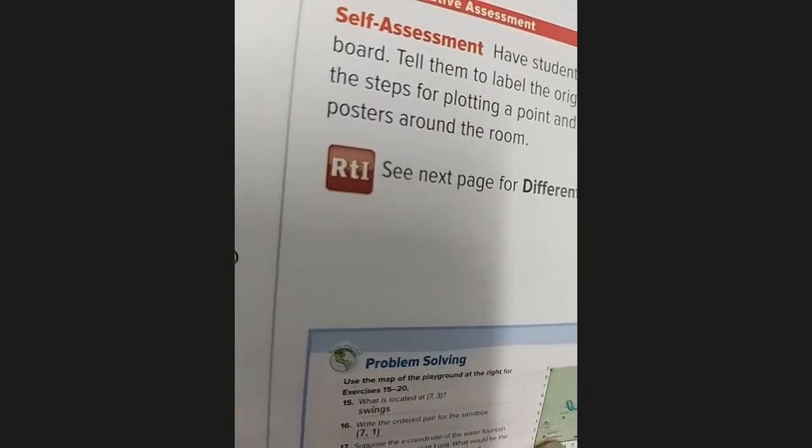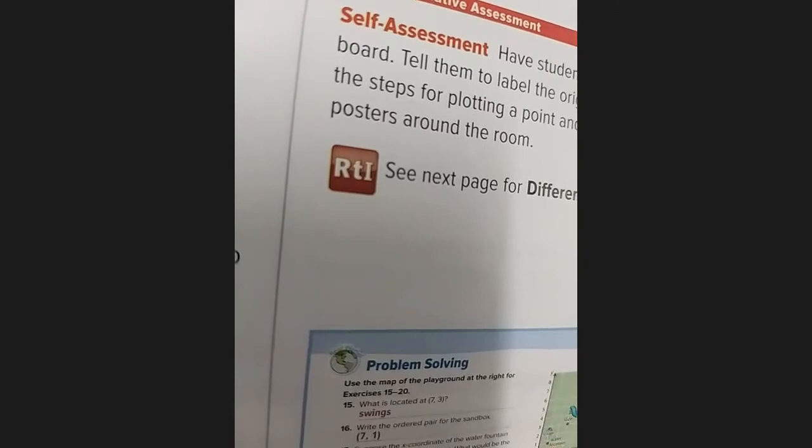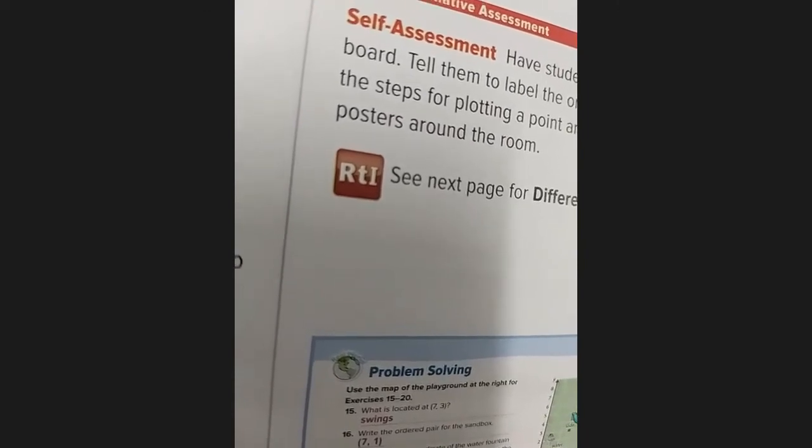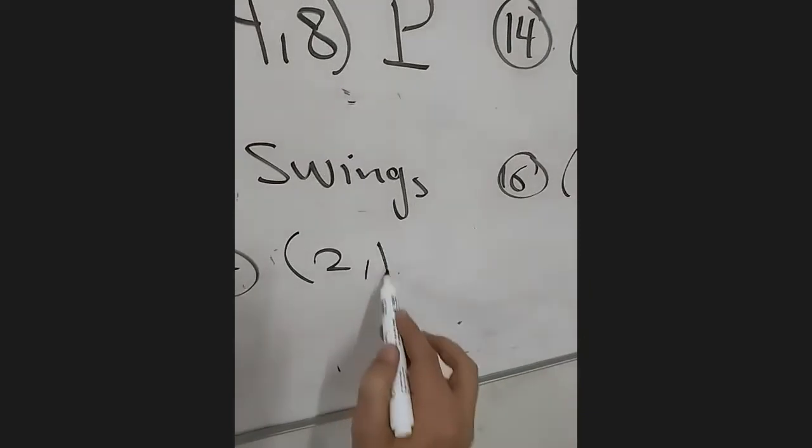What would be the new ordered pair? Where is the water fountain, guys? We will push it 1 unit to the right. What will it be? 2 and 1.